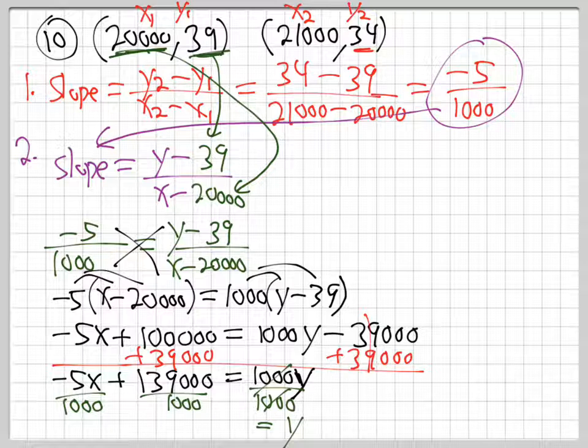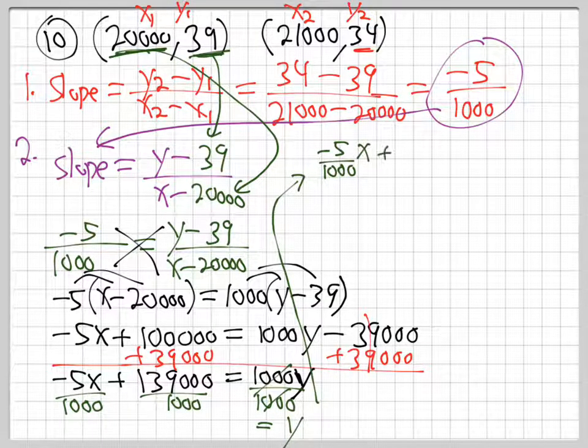Now that first fraction we're going to have to reduce. Let me just bring it up here. So we got minus 5 over 1,000x plus 139,000 over 1,000 equals y, right?